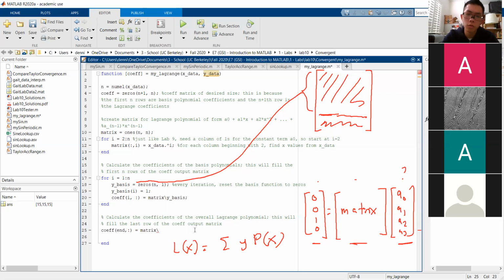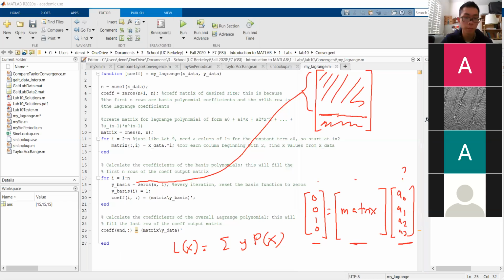I think. Oh wait, one more thing we have to do actually. This gives us a column vector, and I'll need to do this with the final one as well. This needs to be a row, not a column. So that's just to avoid any dimensionality stuff. Matrix. So instead of y basis, we're just going to use y data for that. Y data. And let me just pull up the solutions to make sure that that's actually correct.